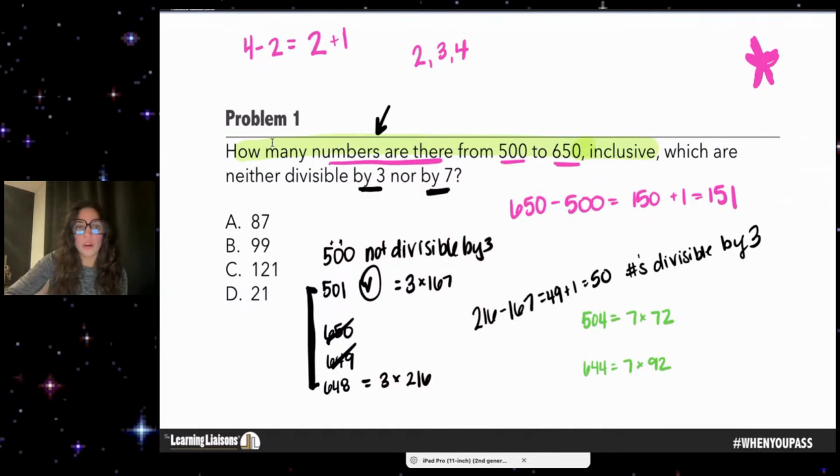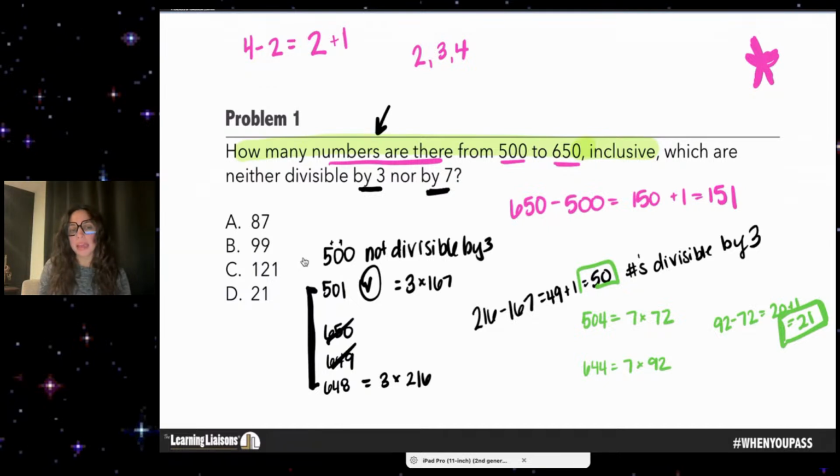And now I'm going to do 92 minus 72 plus 1, which is 21. So now I have 50 numbers that are divisible by 3. I have 21 numbers that are divisible by 7.